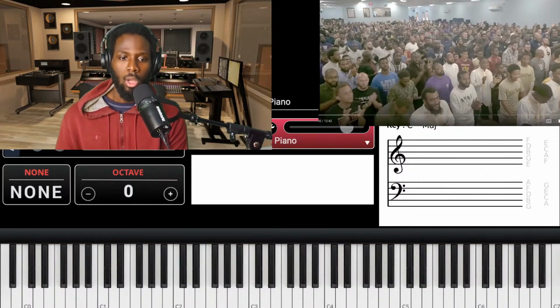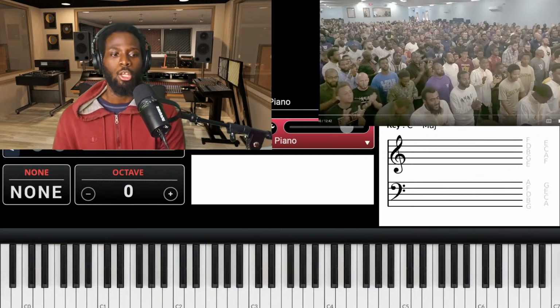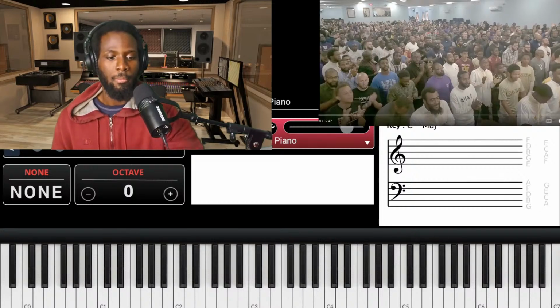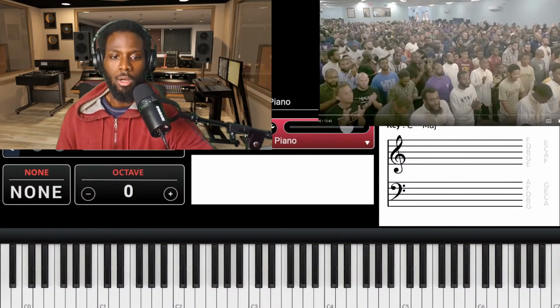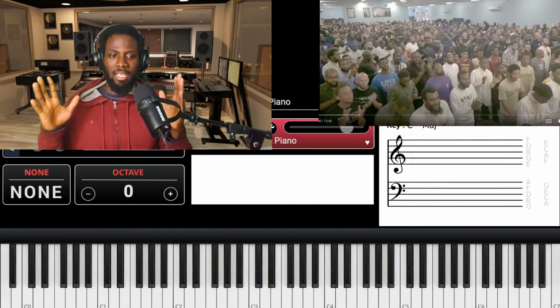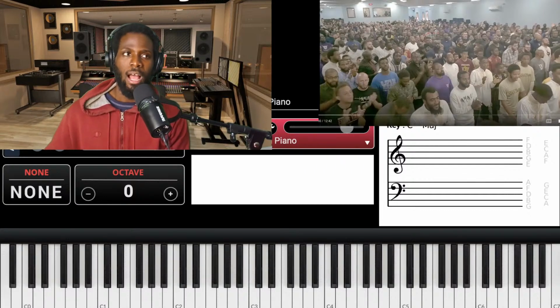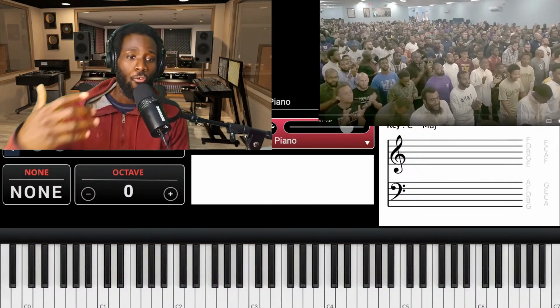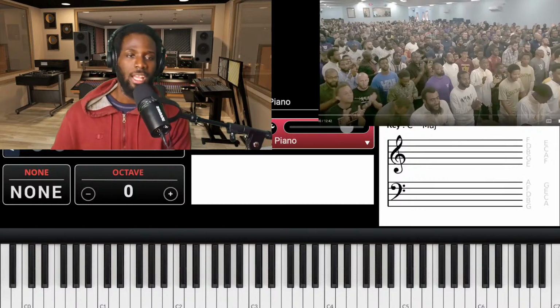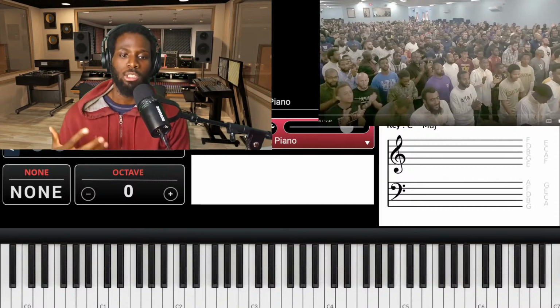Now, the whole concept of inversions is that you do not need to play the notes completely linearly. In other words, if I change the arrangement of some of the notes, it's still a C major chord. I'm just changing the arrangement.